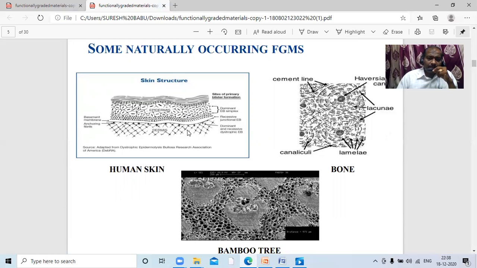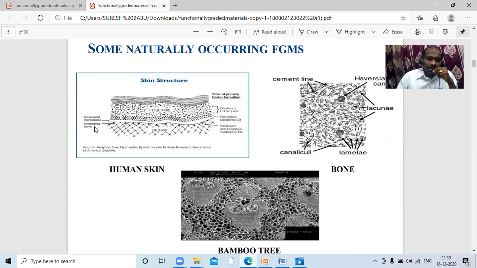This one is the sites of primary blister formation. A dominant EB simplex type of structure is available here, which is called the epidermis. This is a recessive functional EB, dominant and recessive anisotropic material. These are called the dermis.